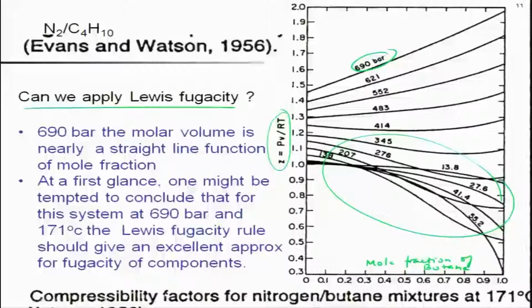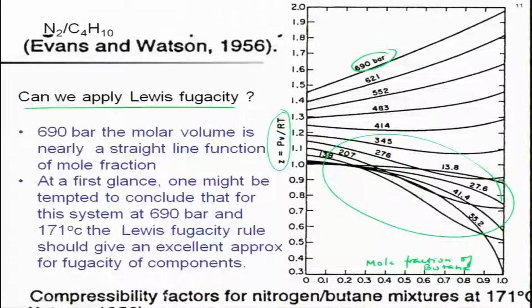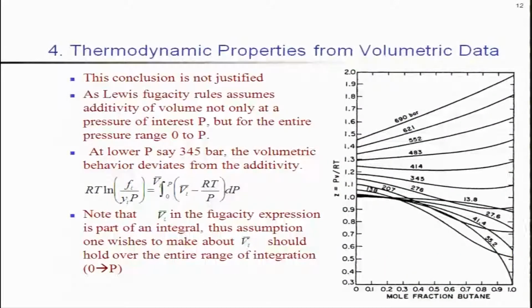In a linear case you can add the volume, but when it is non-linear, can we simply add the volume the way we expect in the assumption of the Lewis fugacity rule? So, the conclusion which we wanted to apply is not justifiable.